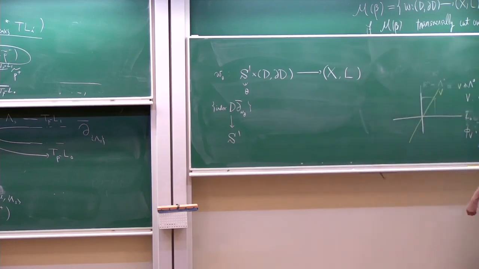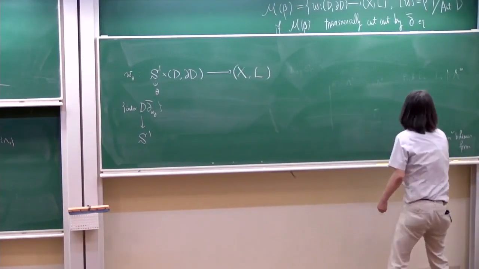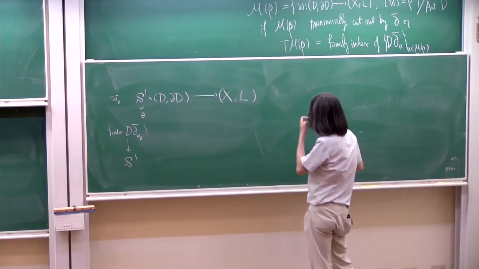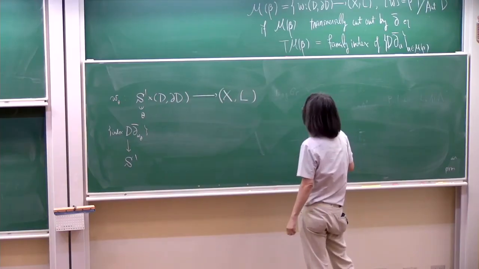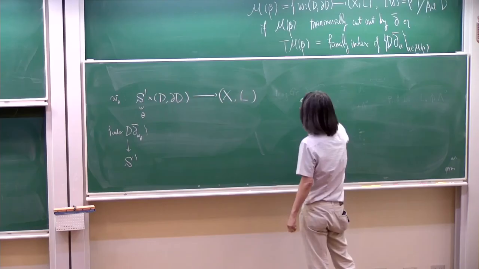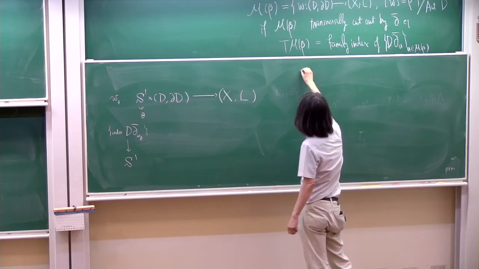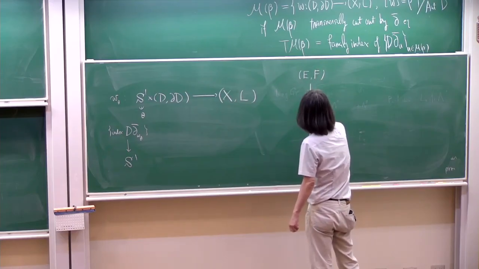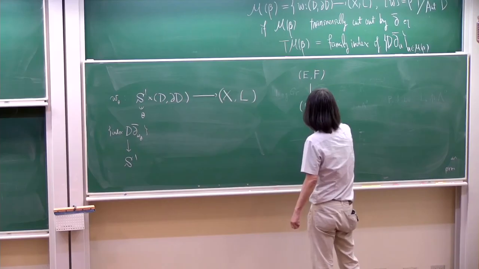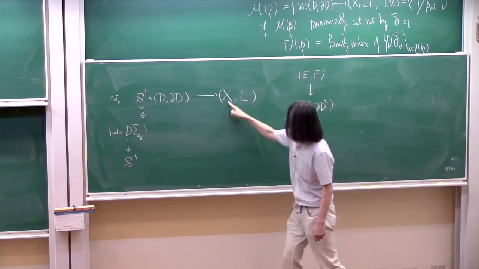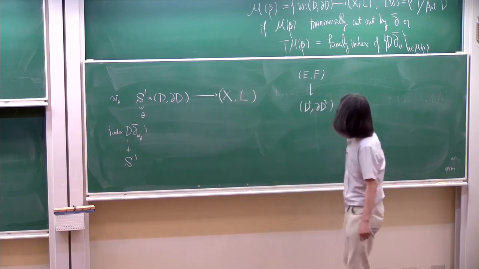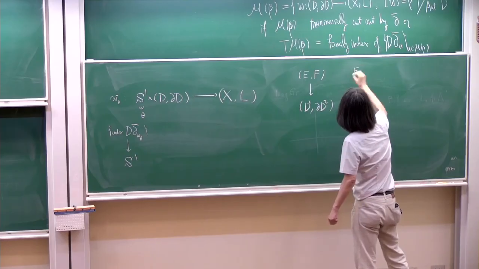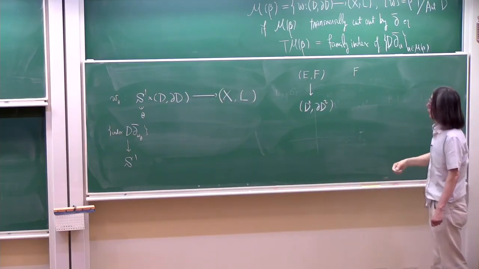And okay, so the key is the following. So now the question is the following. You have this E and F over this D2 and D2. E is now the pullback of X and TX and the pullback of T. And then let's suppose that F is trivialized.